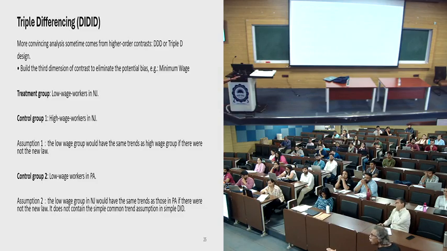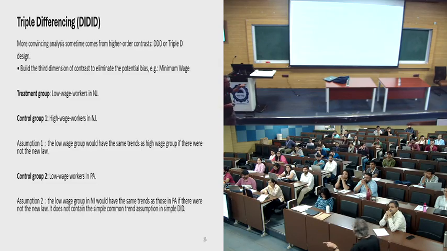Control group 2 would be low wage workers in PA. Recall the example in terms of Maitresh's paper: West Bengal, Rajasthan, and then Bangladesh. Here, what? Low wage workers in NJ, high wage workers in NJ, and then low wage workers in Pennsylvania. And what is the assumption?